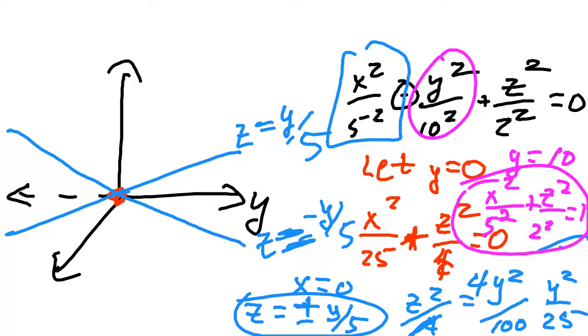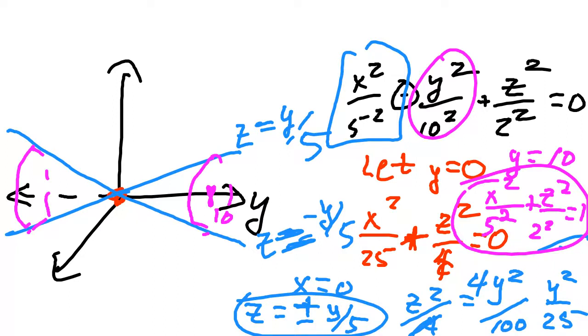Well, what's that? That's an ellipse. So for y equals 10, which is out here, I get an ellipse, and for y equals minus 10, I would get an ellipse as well. Notice that my elliptic cones are both running along the y-axis on the positive and negative side.